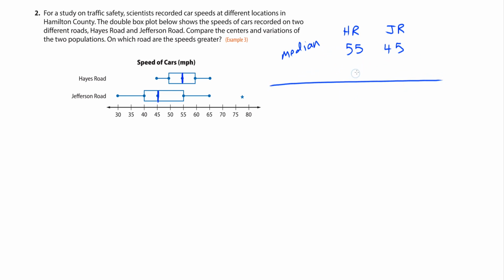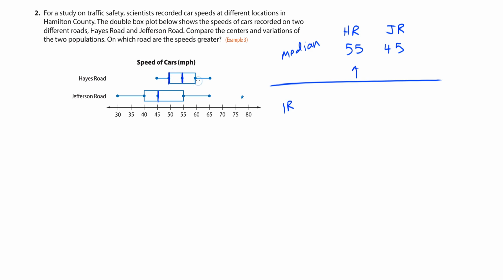Based solely on that, which one are the cars moving faster on? Well, there we go. Faster cars on Hayes Road. The interquartile range. I don't need to do a bunch of fancy arithmetic. The interquartile range is the length of the box.